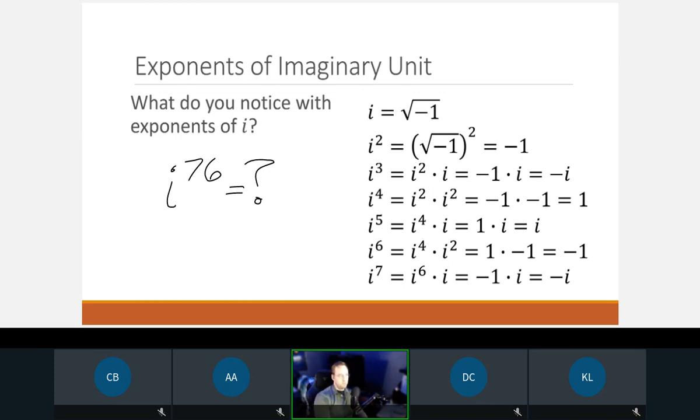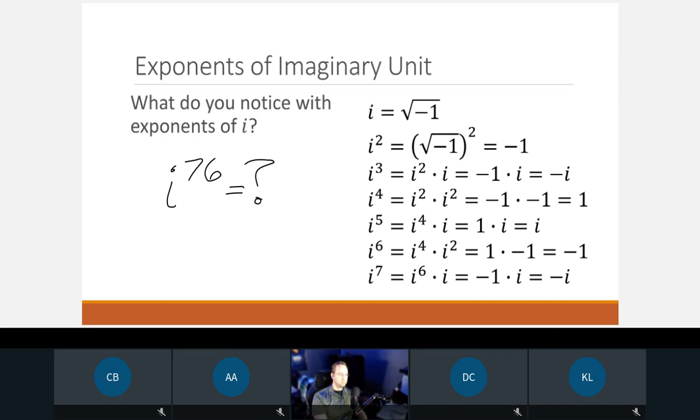So Emily says one. Chloe says it's one. George says it's negative i. Julia, if you want to, go ahead and explain your reasoning. I don't know if it's going to be right, but I do want to hear it. Okay, can everybody hear me?